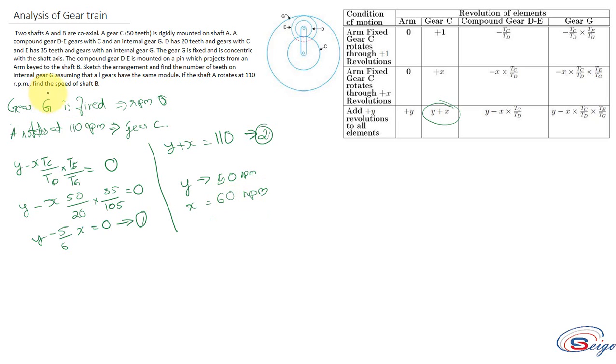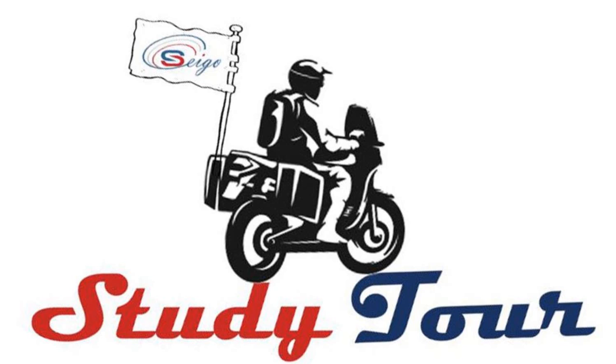We have to find the speed of shaft B. Shaft B is coupled with the arm, so the rpm of the arm will be equal to Y, which is 50 rpm, and the direction is anti-clockwise. So this is your final answer. Thank you.